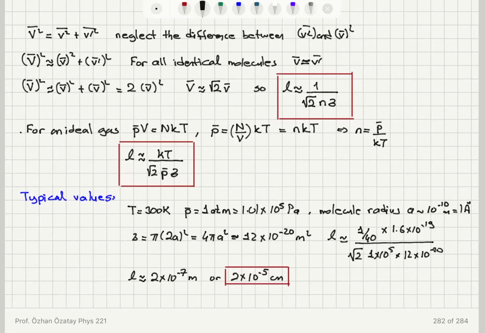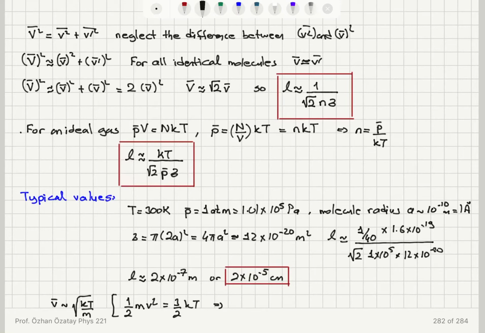Now the mean speed v bar is roughly the square root of kT over m. How did we estimate this? Well, you can think of the equipartition theorem, for example. One half m v squared is three halves kT.